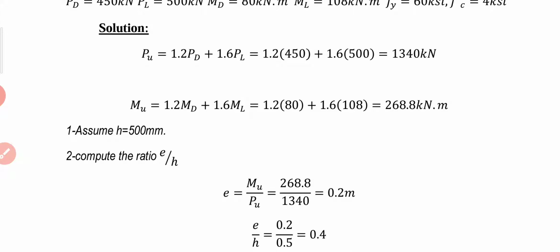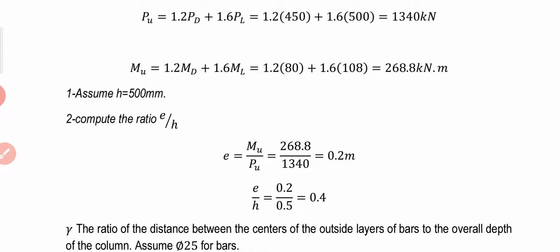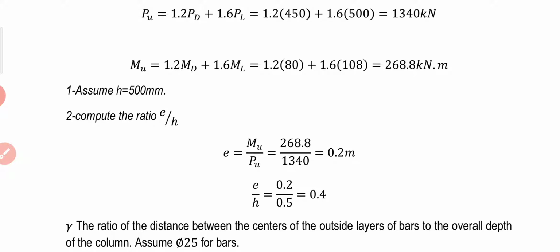So here e equal to 0.2 meter, and e upon h. So e equal to 0.2 and h we assume 500 mm, so we can also write it as 0.5 meter. So both the values in meter, so 0.2 upon 0.5. So e upon h ratio equal to 0.4.